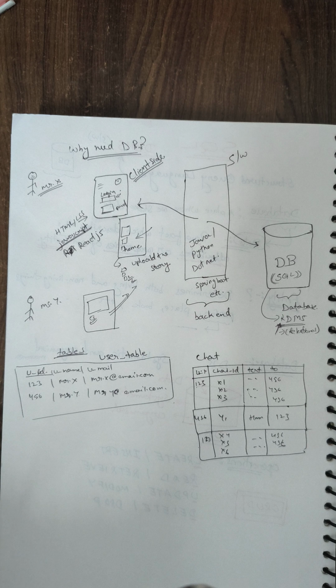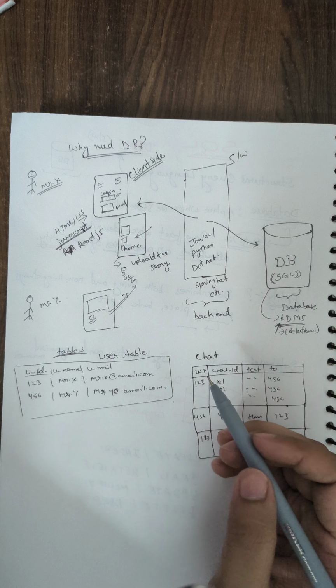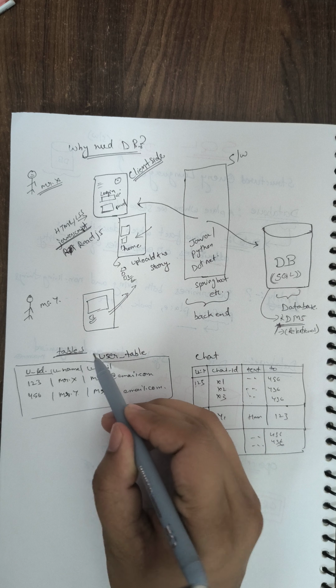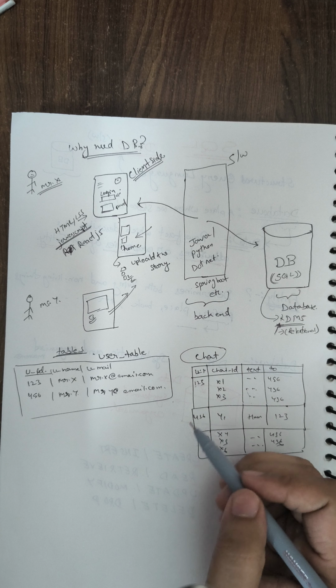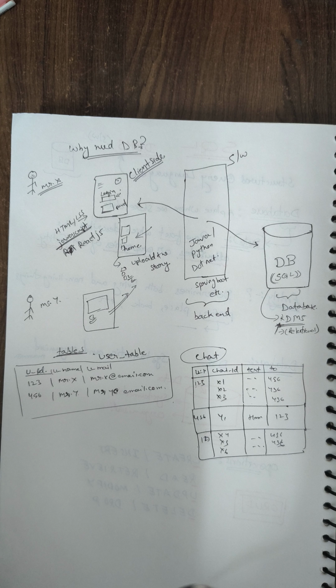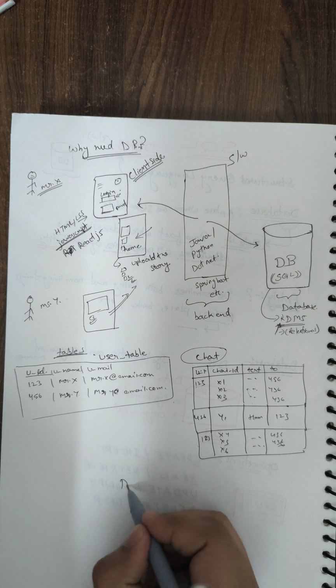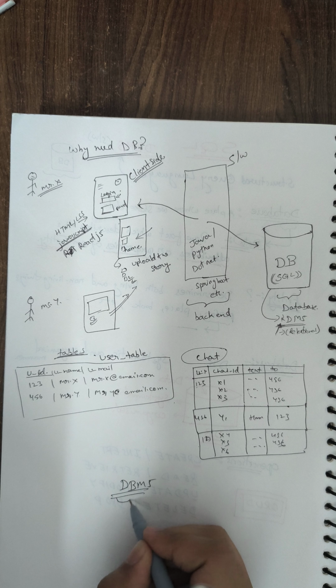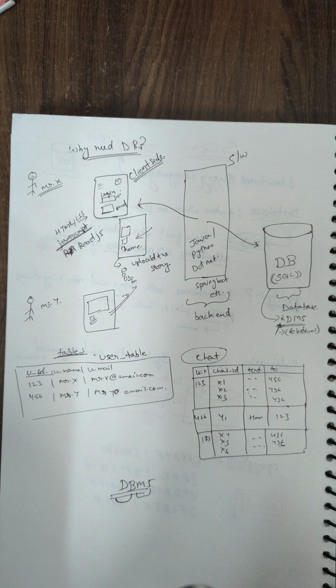So this is a lot of information which is stored across tables. Some information is stored in the user table, some in the chat table. Like this, there can be multiple tables in the database. And to manage all this information, we need software, and that is called DBMS, database management system.